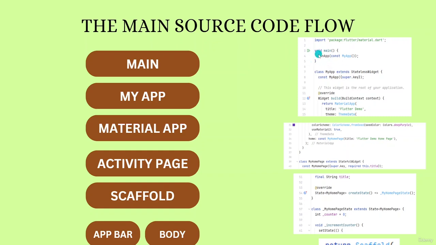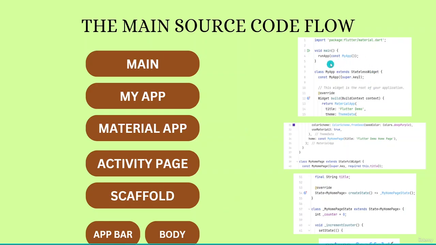These three things, the main function, my app function, and the material app function, are the most important three things you need to have when creating any web application page. Inside this main function, you have my app, the material app, the activity page, the scaffold, the app bar and the body.